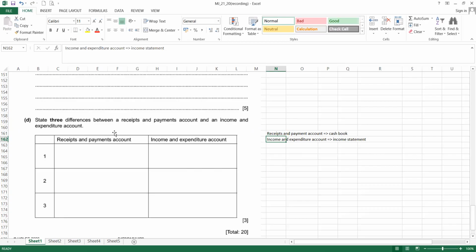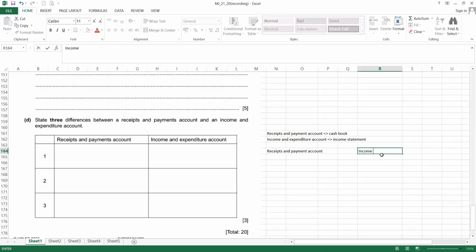So they ask for the differences. We can use back the cash book and the income statement points to answer it. So receipt and payment account, income and expenditure account.